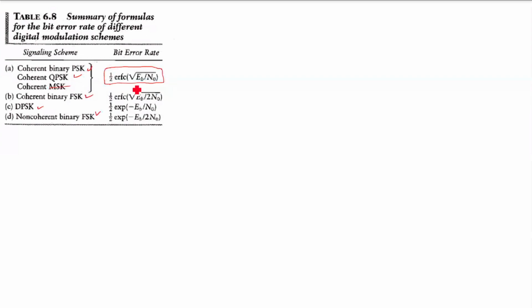So if I have a probability of error of 10 to the power minus 9 in the case of BPSK, in the case of QPSK it will be around 10 to the power minus 9 divided by 2. That's all, right? It is 0.5 into 10 to the power minus 9. It's not much, right? So that is the reason why they have taken half erfc. It will not make much difference as far as coherent PSK is concerned.